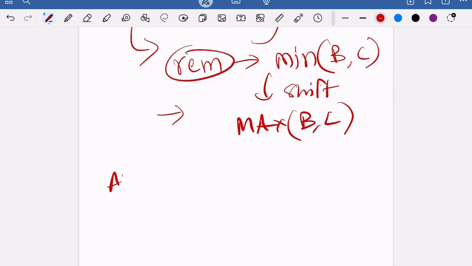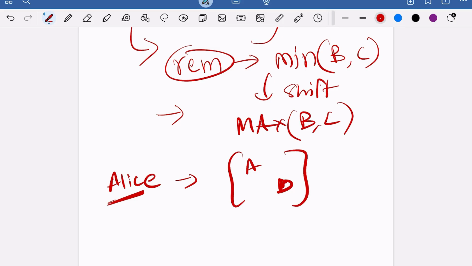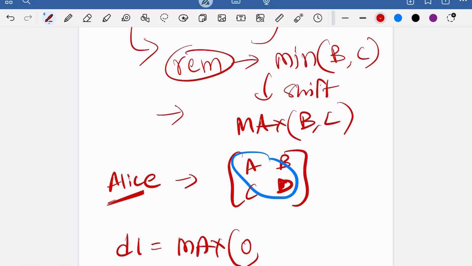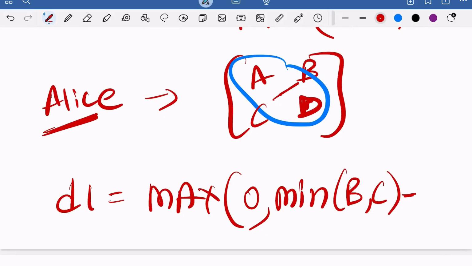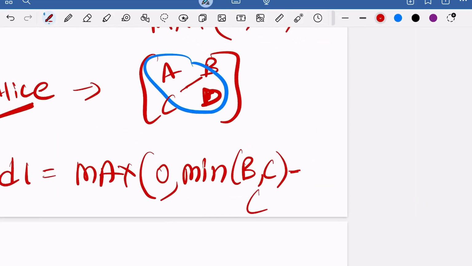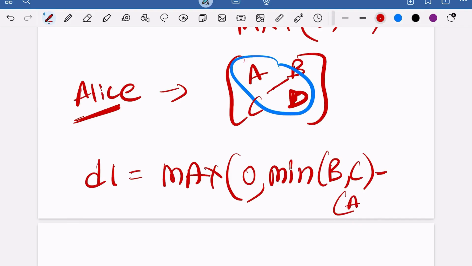Let's say Alice starts here, and Alice chose to select the diagonal A and D, that is this one, leaving B and C. So the formula boils down to max of 0 comma the minimum of B comma C minus the total number of steps that Alice takes minus 1.